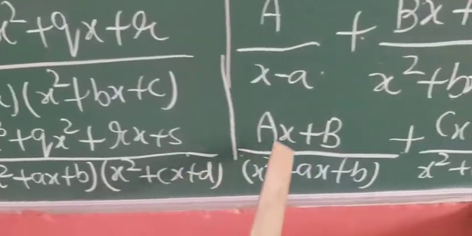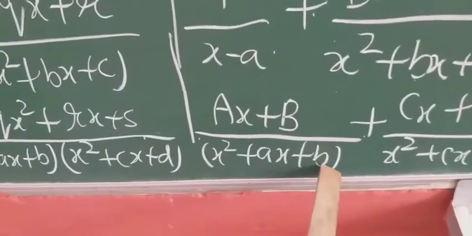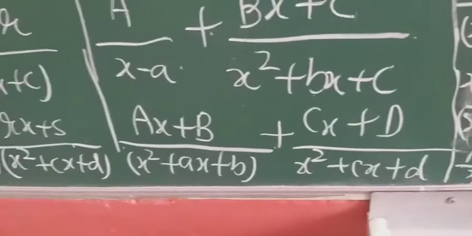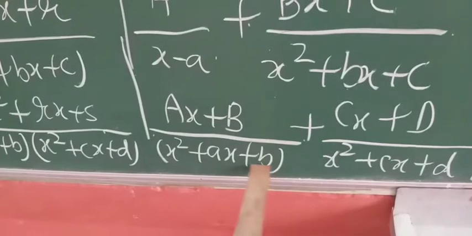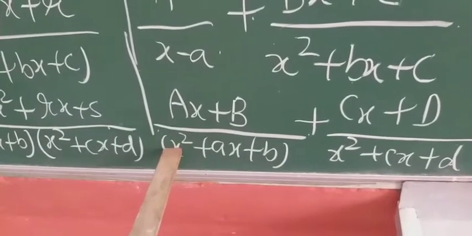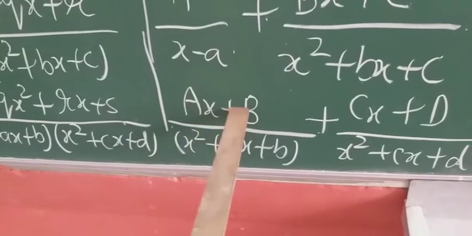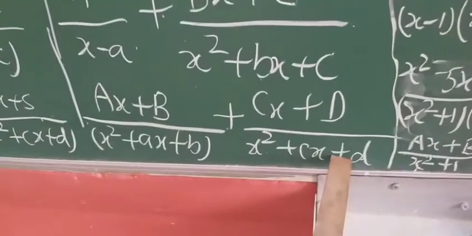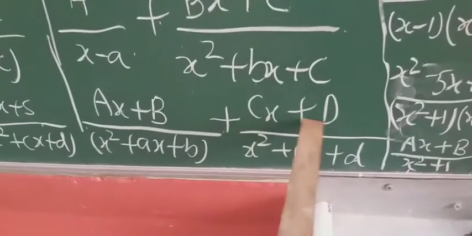We will take their partial fractions ax plus b upon x square plus ax plus b plus cx plus d upon x square plus cx plus d. Because its degree is 2, we will take 1 less than the degree of the denominator. So I have taken here ax plus b, its degree is 1. Here its degree is 2, so the degree of numerator should be 1 less. That's why I have taken cx plus d.